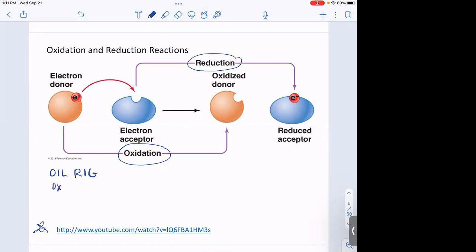Oxidation is loss of electrons, and reduction is gain of electrons. It's all about the electrons. That's what he says in that video, and I'll say that probably several times going forward.